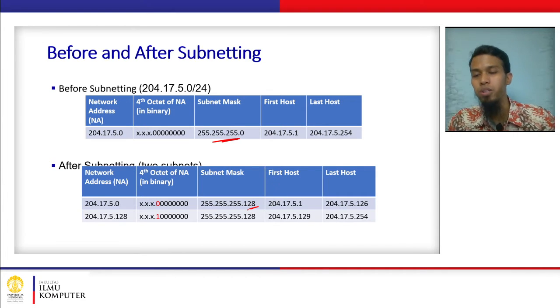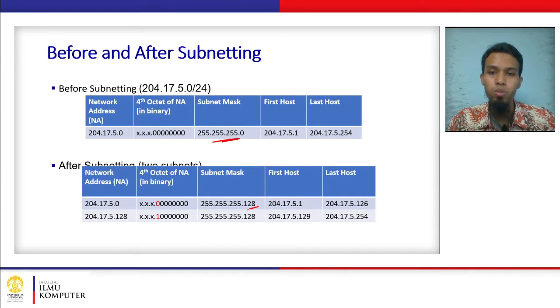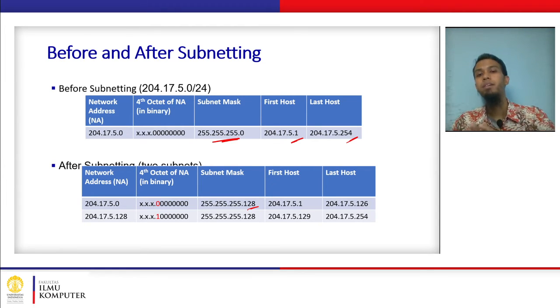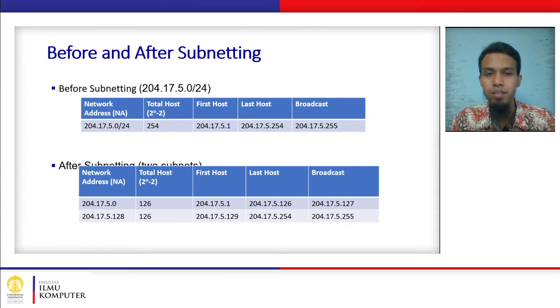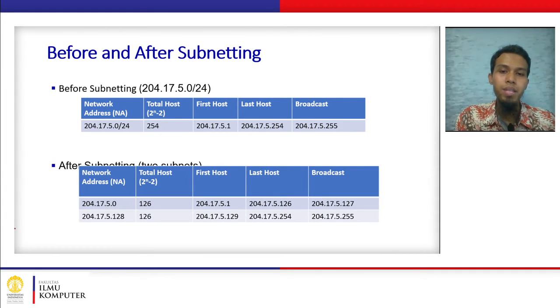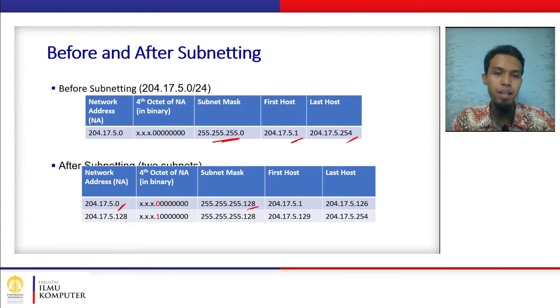Since we divide the whole IP address allocation into two, the first network address is .0, and the broadcast address is the last allocated address.